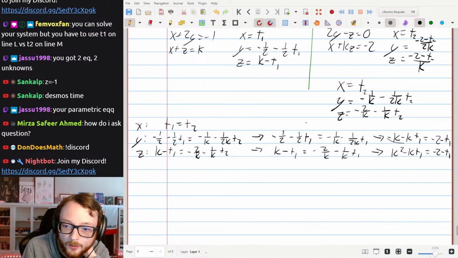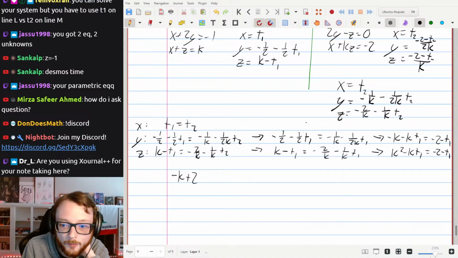So if I take the first one, minus k, there's so many minus signs in these equations. Yeah, Dr. L. Is that right? From this equation. What am I doing? Added the minus 2 over, added that.